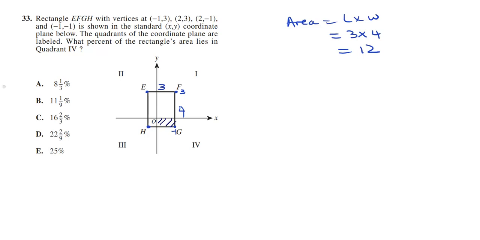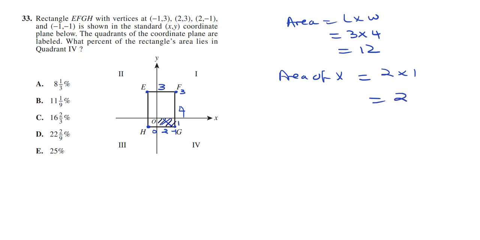Now we need to find the area of this small rectangle right here in the fourth quadrant. From 0 to 2 is going to be right here. And then this is from -1 to 0, that is 1. So let's call this X. The area of X is 2 multiplied by 1, which is equal to 2.